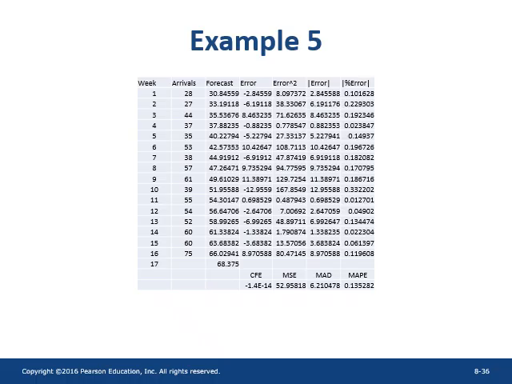The average forecast is off by 6.21. That's what the MAD tells us, or it's off by about 0.135%, very small percent error here. So I'm sorry, not 0.135%, but 13.5%. So it's a small error, but not microscopic in this case.